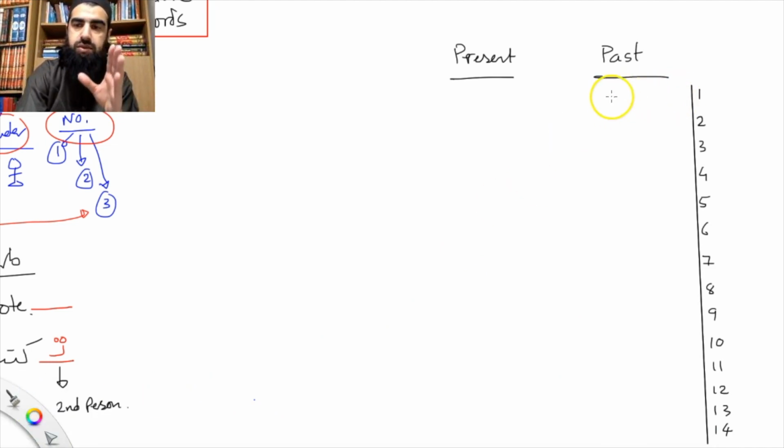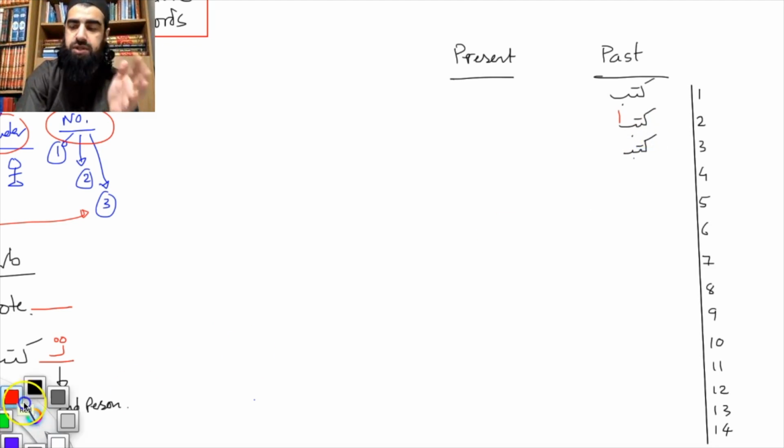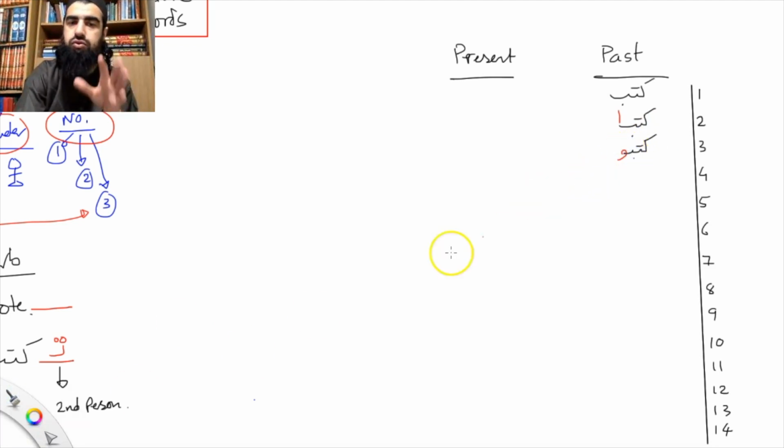So all we're going to be doing is making slight adjustments before or maybe after. Sometimes it's just after and you don't touch before, and sometimes it's before and after. So in this case, I'll be showing you how the verbs will change from person to person based upon who you're referring to. So 1, 2, 3, you can write this yourselves as well. So as you can see, kataba, the first one on the list, refers to one person, he.